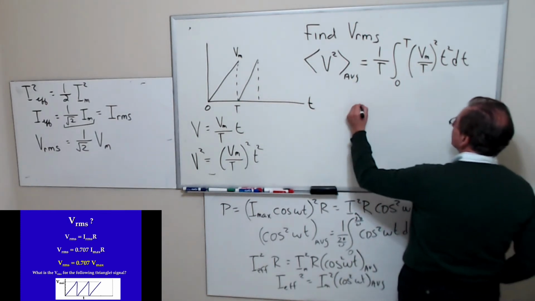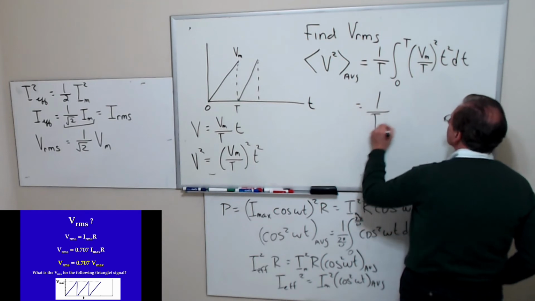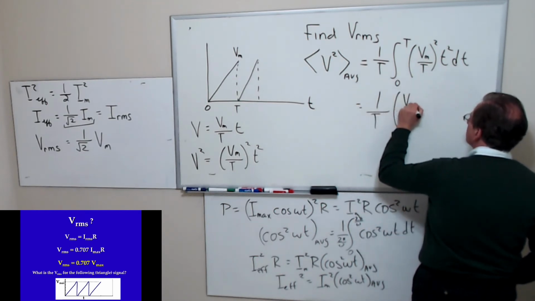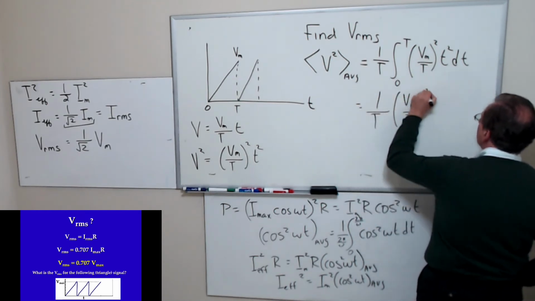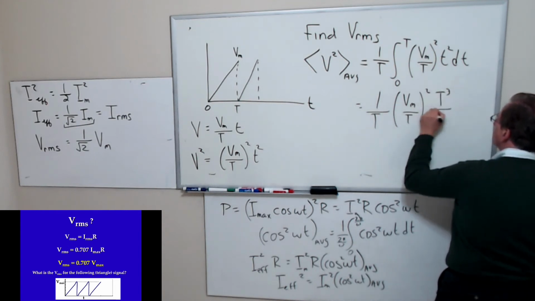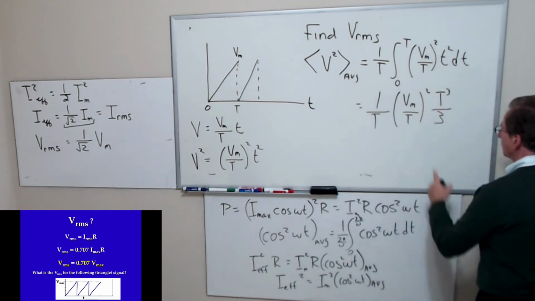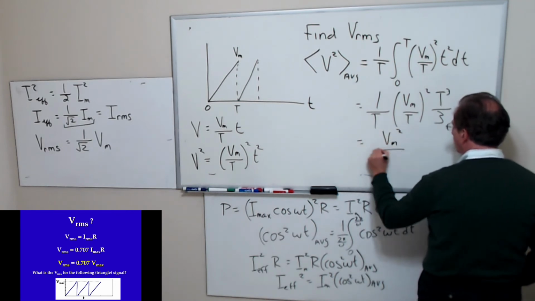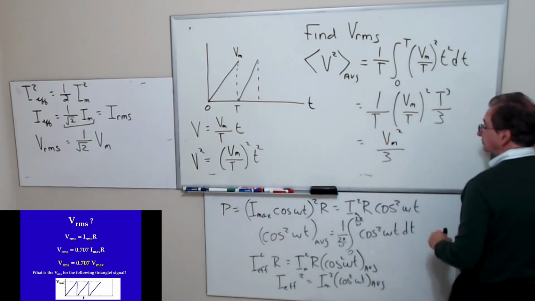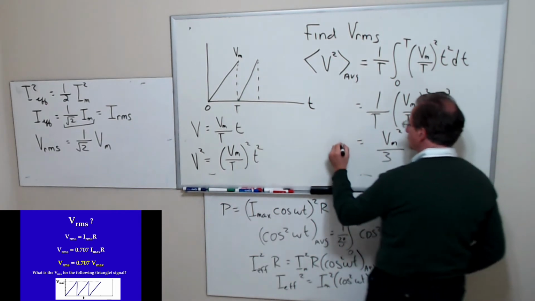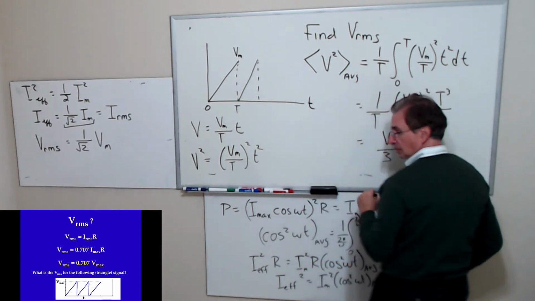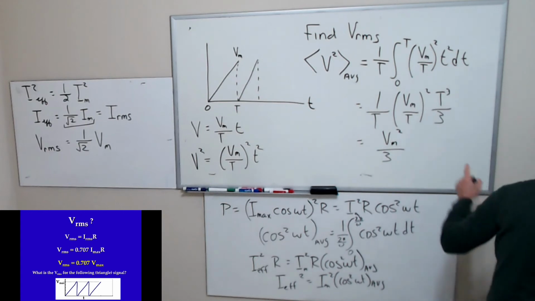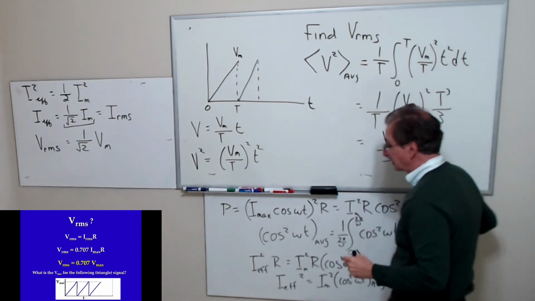So this is going to give me 1 over T times Vm over T squared times T cubed over 3. So this will end up giving us Vm squared over 3. I want the RMS value, so I have to take the square root of the average of this function.